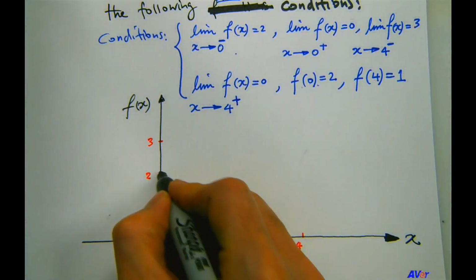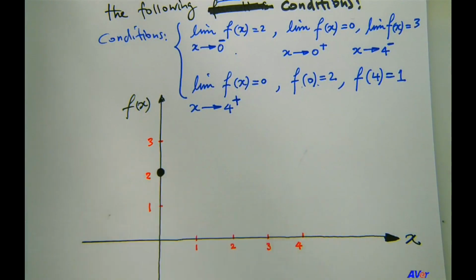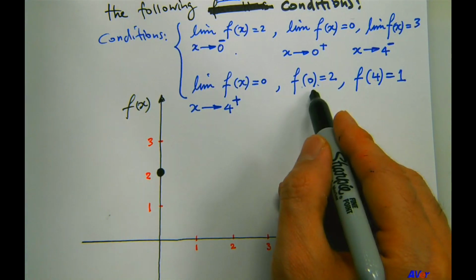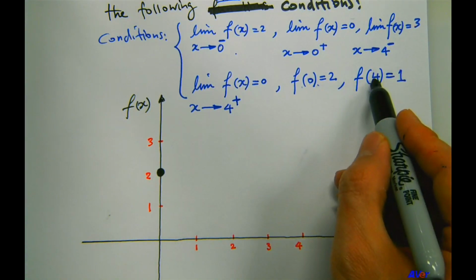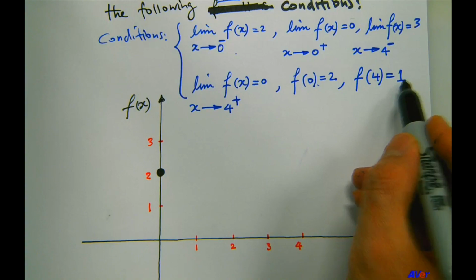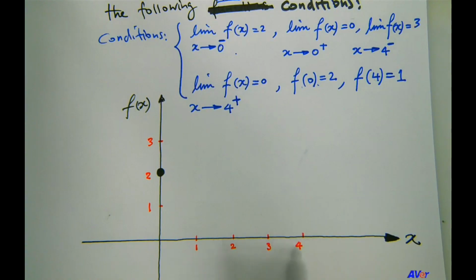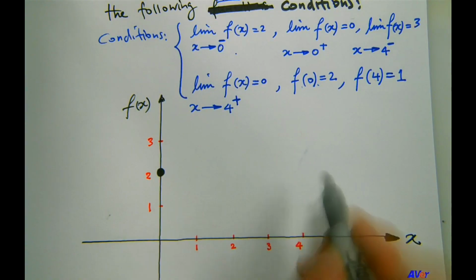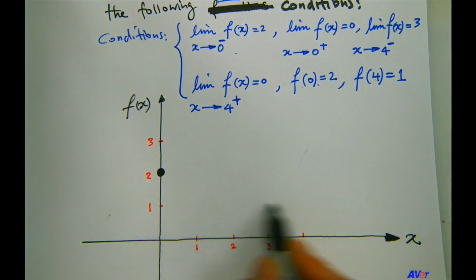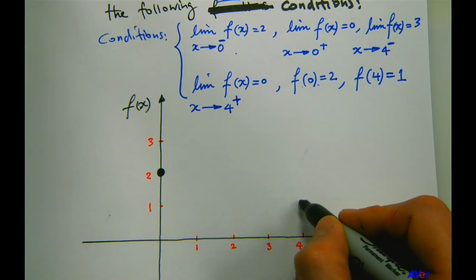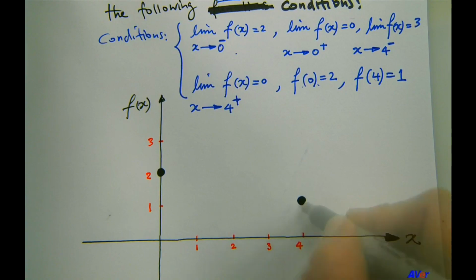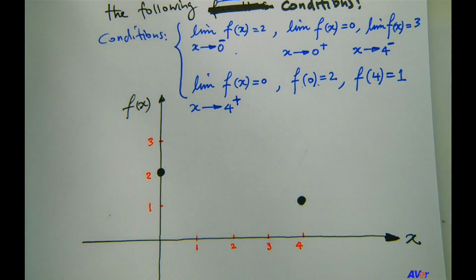So I'm going to plot that right there. That's that point. Then at x equals 4, the function is 1. So x equals 4, and then 1. Roughly, it would be roughly there. Okay, so those are the given points.